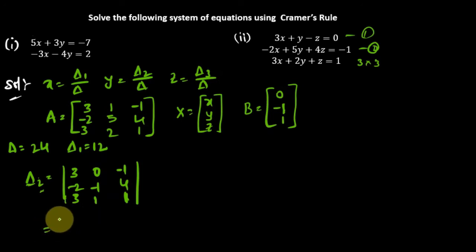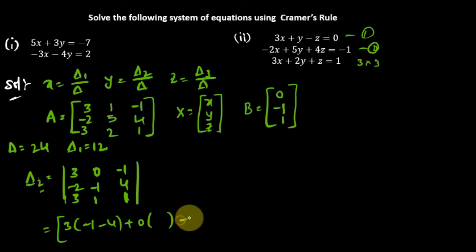So same, first 3 into, close the corresponding row and column, you will get 1 1 is minus 1, into 1 is minus 1, 1 4 is you will get minus 4. Similarly, plus 0 into, again you will get something that is not important for us, anyhow we will get 0.